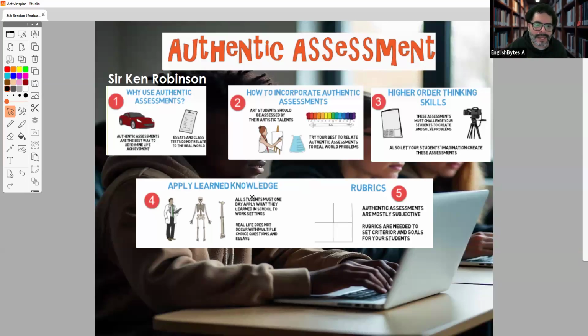Now, apply learned knowledge. One of the things that I always tell my students when I teach them simple past is the best way to practice simple past, both for regular and irregular verbs, is to talk about your routines, your husband's routines, your wife's routines, your son's routines in the past.